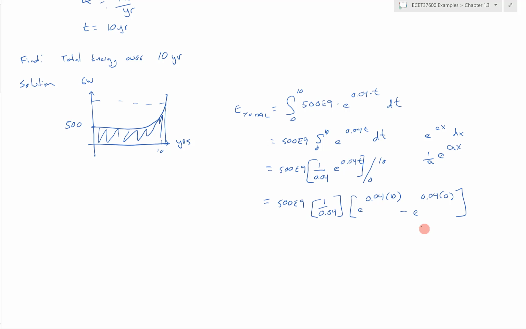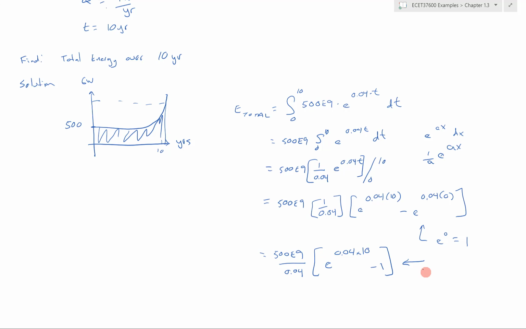And remember, if I raise e to the 0, I get a value of 1. And so I'm going to end up with 500 e to the ninth over 0.04. So the initial value divided by the growth rate times the function e to the 0.04 times 10 minus 1, which you'll recall from the reading is the formula that was given in the textbook.